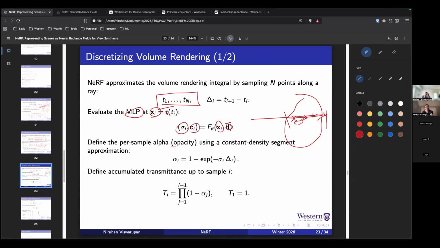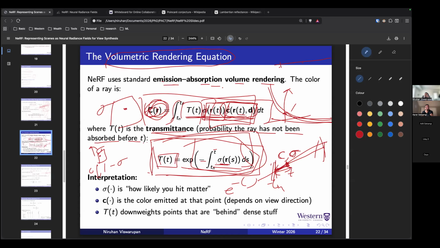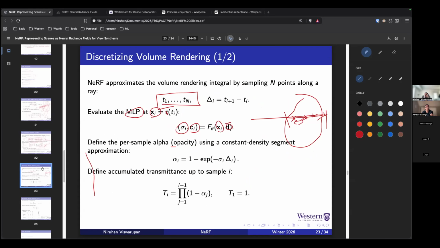Then define the per sample opacity. This is some theory, because previously in this equation, each point in the space had some density, so we just integrated that function. But once you discretize it, this point will have some sigma 1, this point will have some sigma 2, but then you cannot directly add C1 sigma 1 plus C2 sigma 2.